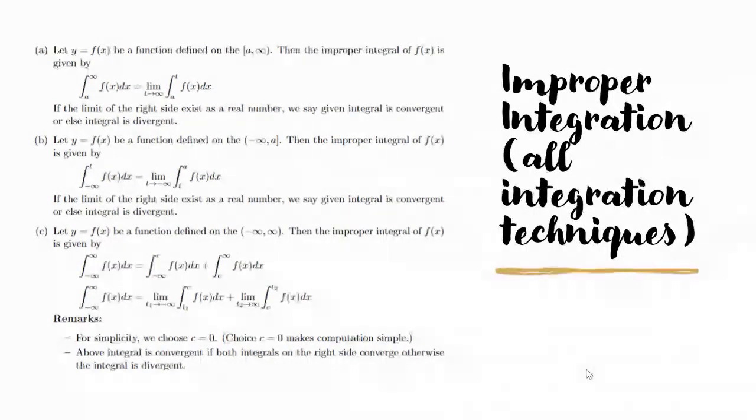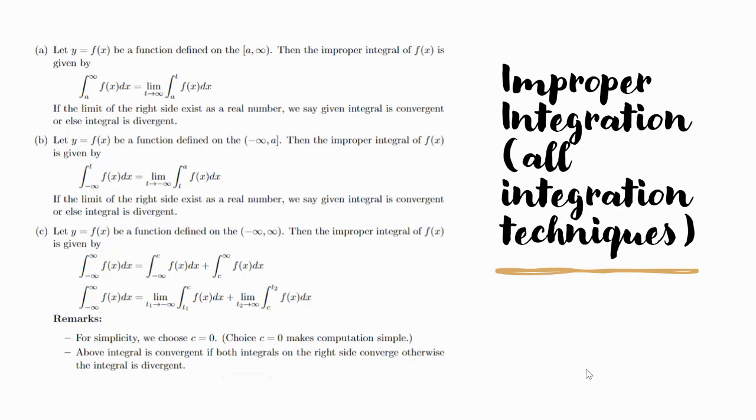So first up, we have improper integration. The first thing to remember is that you will use your integration techniques just like you did on your last exam. You will use all those basic integration techniques. The only thing to remember here is that you'll be using limits to solve these improper integrals, because they range from one bound to infinity or from negative infinity to another bound.